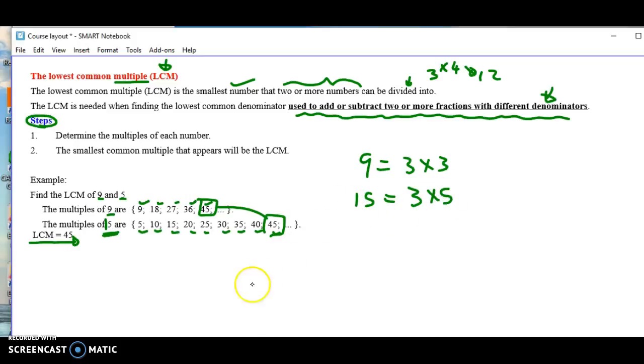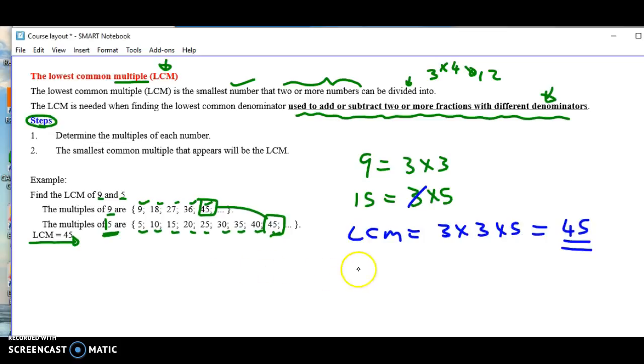Now I look at my second one, and I notice that I already have a 3 in there, so I must cross this out. So the lowest common multiple will then be 3 times 3 times 5, which is 45. And you can go test that by looking at it again.